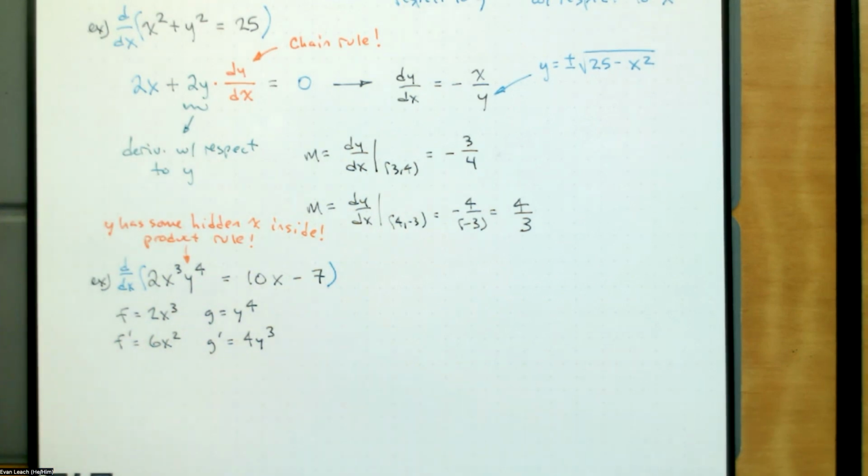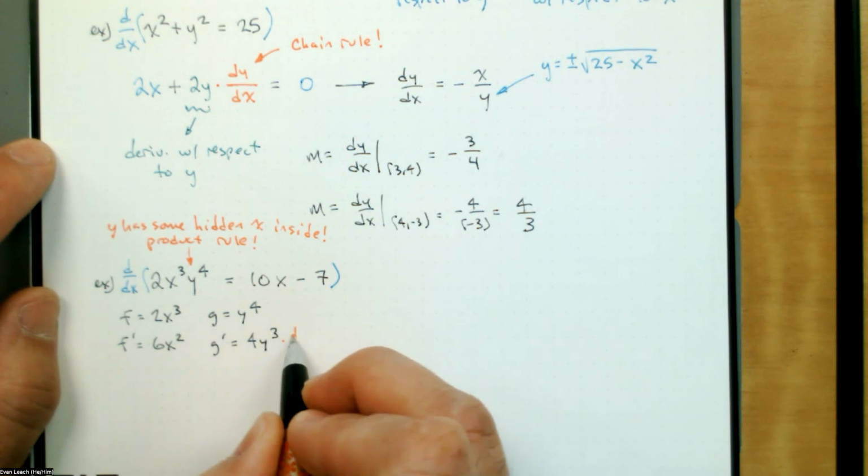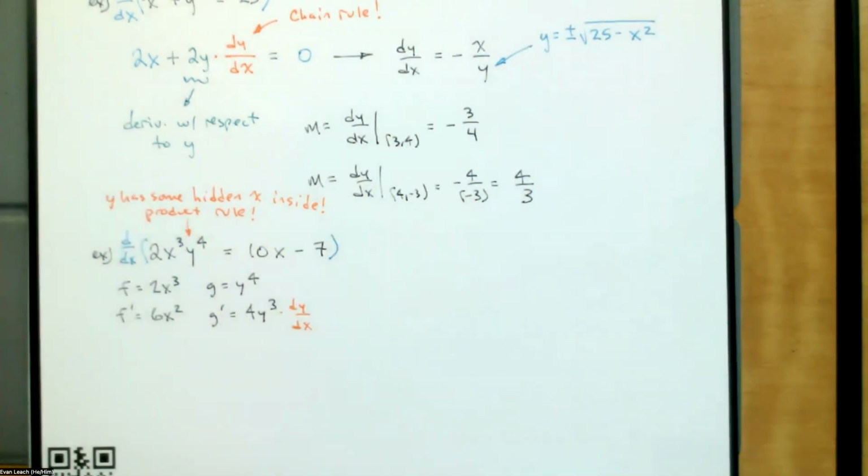That's the derivative with respect to y. So the chain rule says multiply by the derivative of y with respect to x. I was treating y as the variable, so I have to multiply by the derivative of y with respect to x.